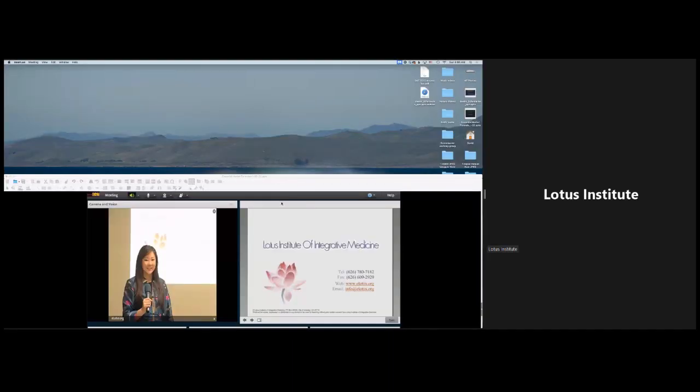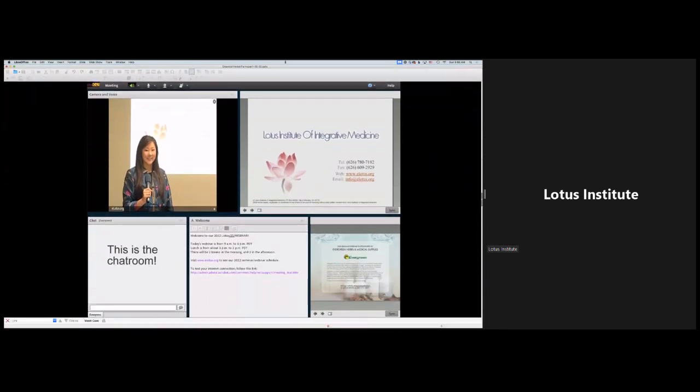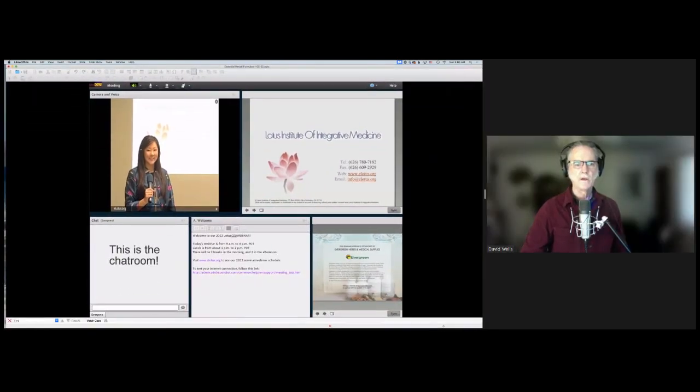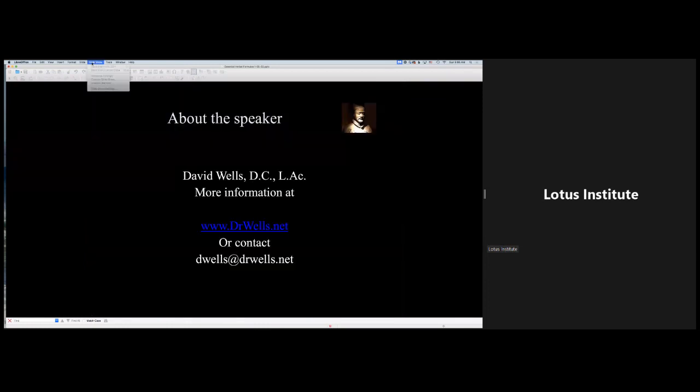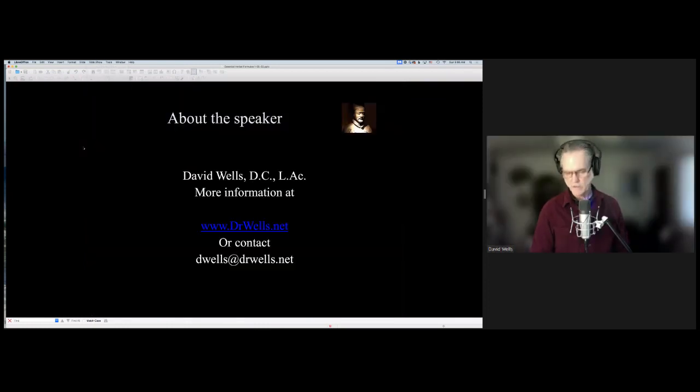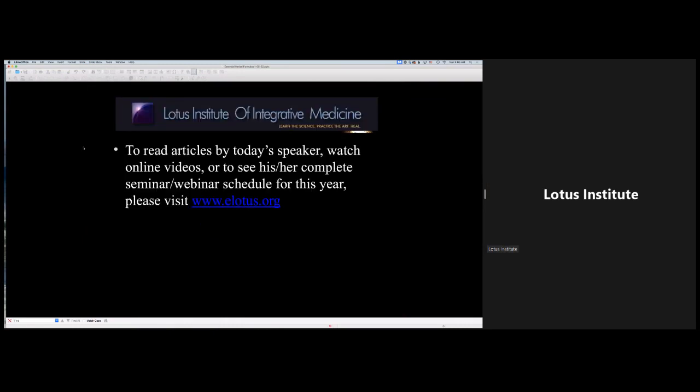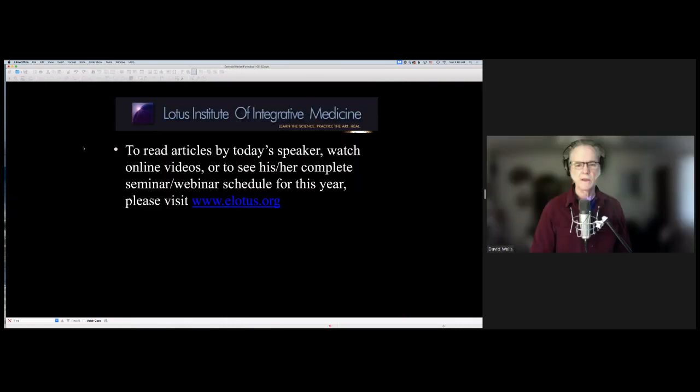Share screen. Okay, I thought we had that working already. Now you can do the slideshow. I think you're already in the slideshow. There we go. Is this working?